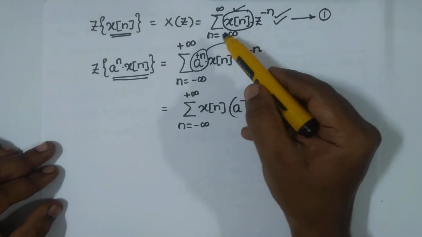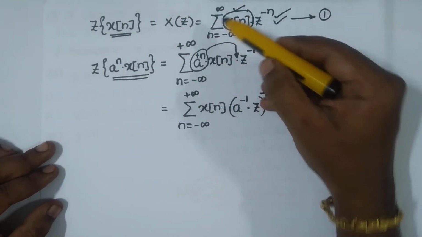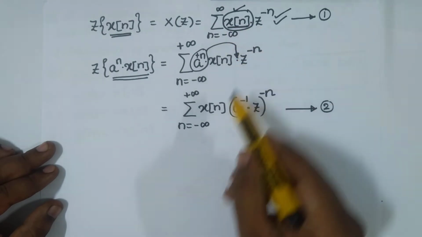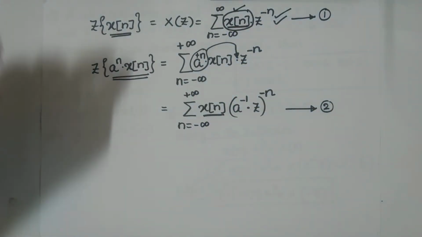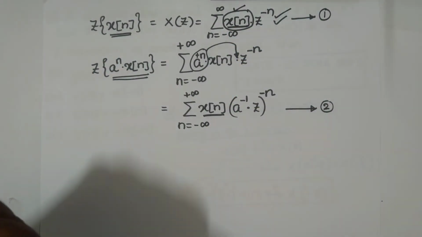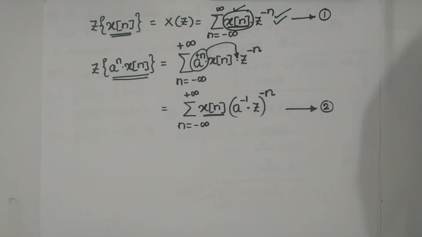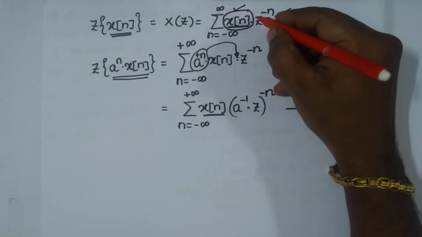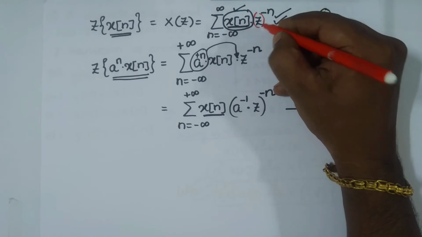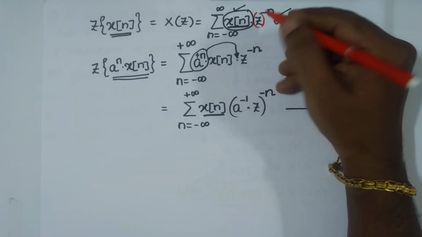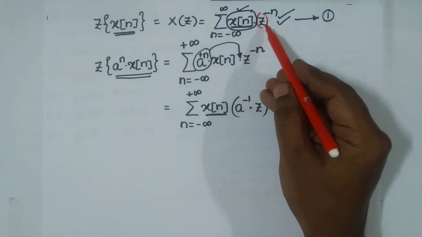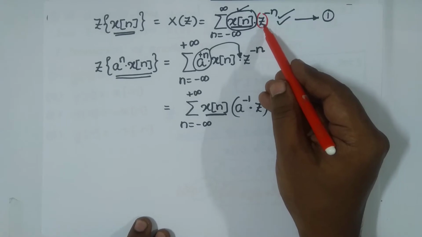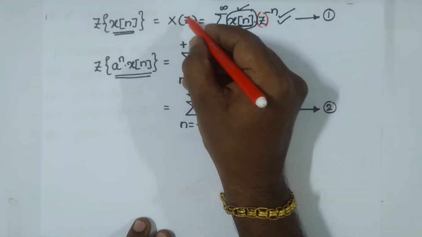Now you see, here we have the same limits, and again we have x of n. Observe this carefully: in this bracket you have z, so x of n, z power minus n, whatever we have in this bracket is what we take as x of z.